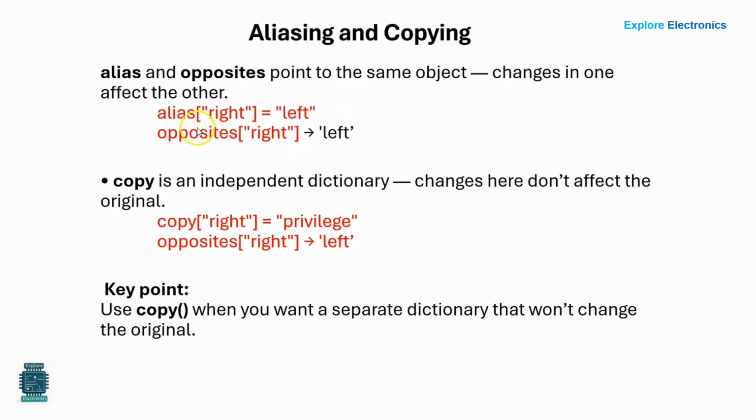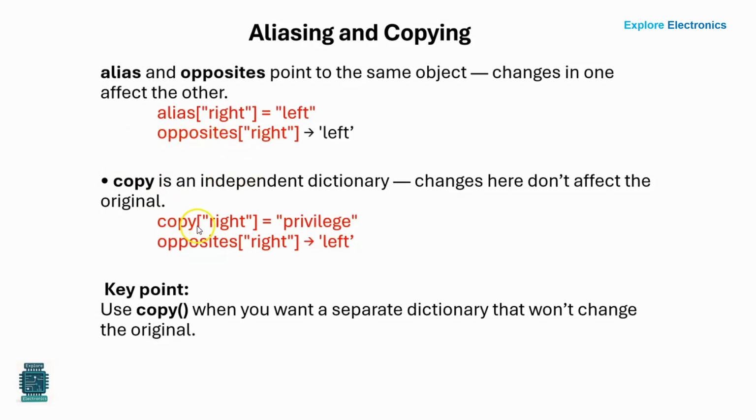Change in one affects the other. copy is an independent dictionary. Here, I have copied from the opposite. It is an independent dictionary. Changes here don't affect the original. If I make any changes in the copy, it doesn't affect the original opposite dictionary.